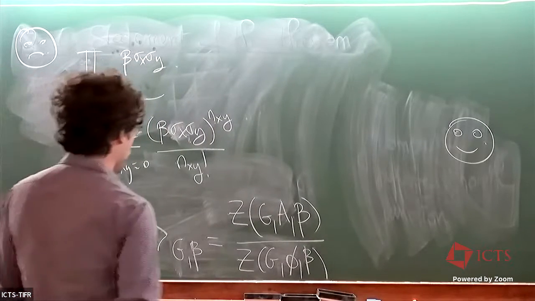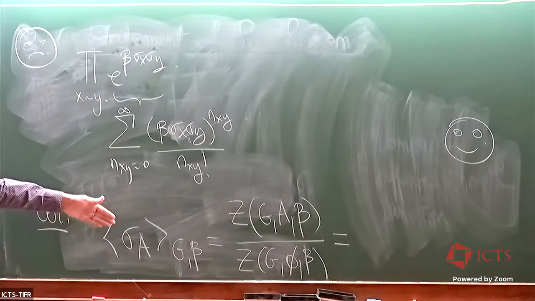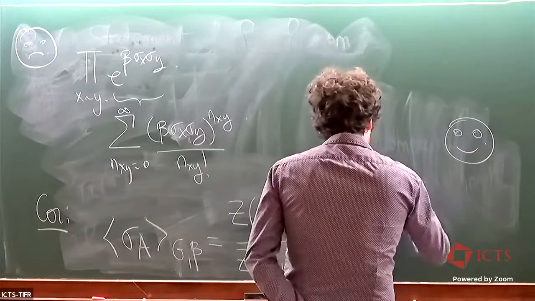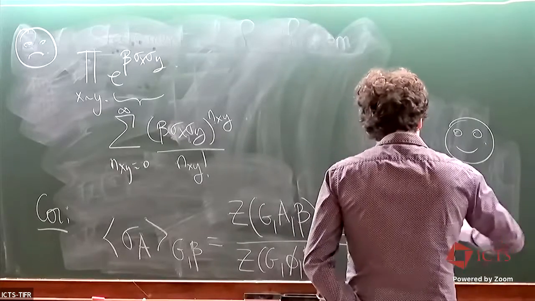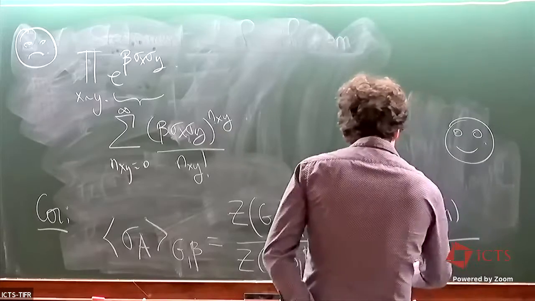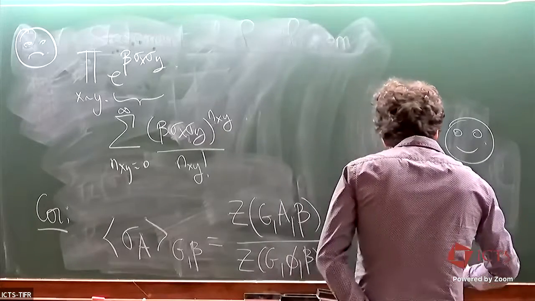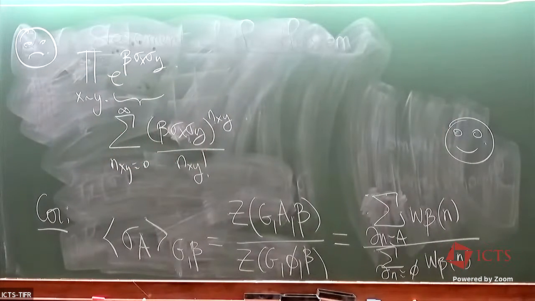So what do I get from that? I get that the spin-spin correlation, I mean spin-spin-spin-spin correlation if you have a bigger A, is just a ratio of weighted sums. The numerator is summing over currents with sources A, and the denominator over currents with sources empty set, so sourceless currents.